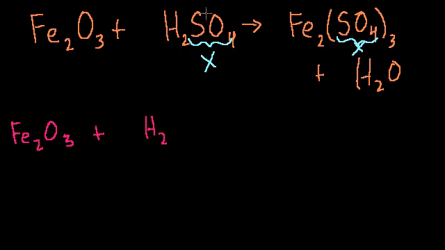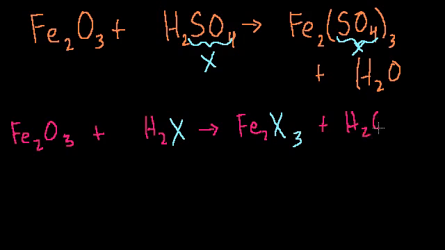There's only one sulfate group here, so H2 X, that yields iron, 2 irons, this molecule with 2 irons, and it has 3 of these sulfate groups, 3 X's, and then plus water. All I did is replace the sulfate with an X, and now we can treat that X like an atom, and we can just balance the equation.